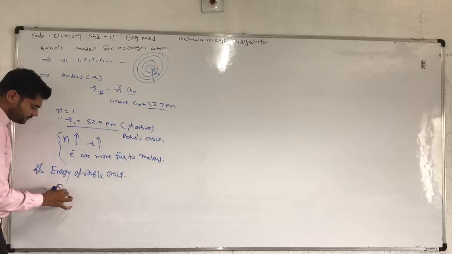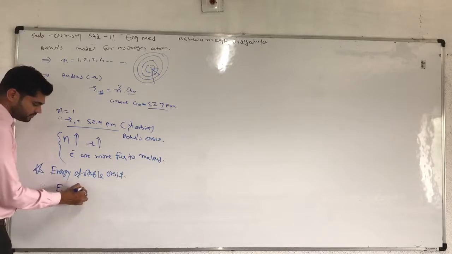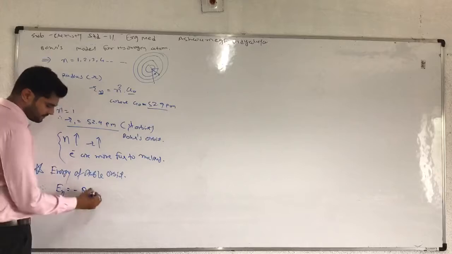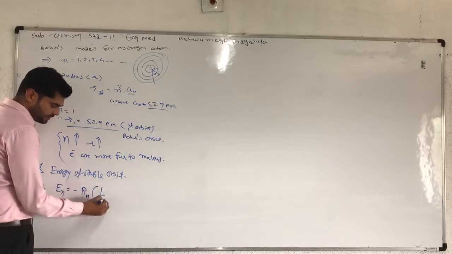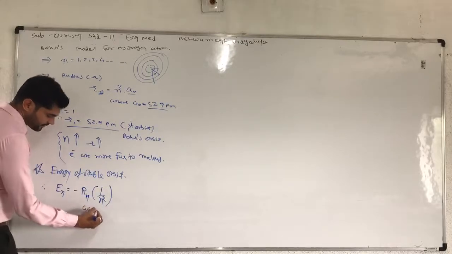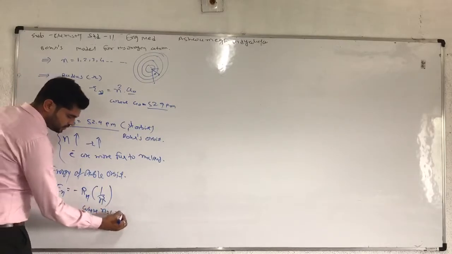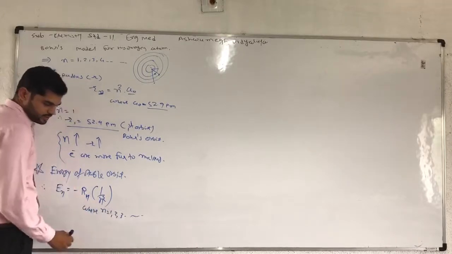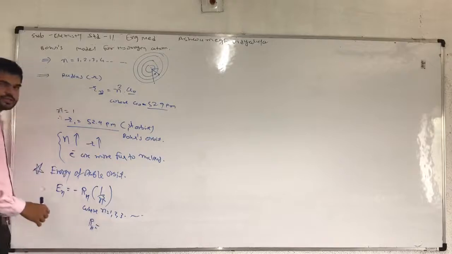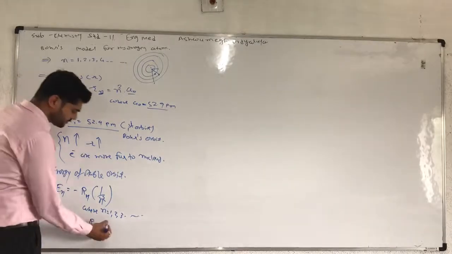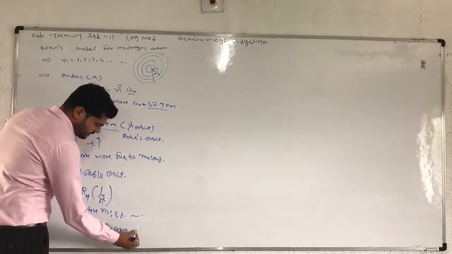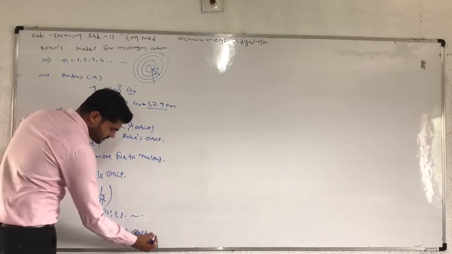Equation: energy of any orbit is equal to minus RH into 1 upon n square, where n equal to 1, 2, 3, and RH is known as Rydberg constant.